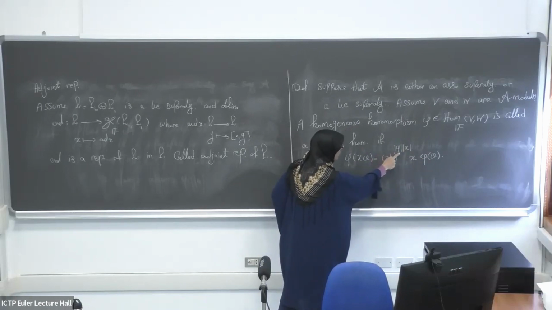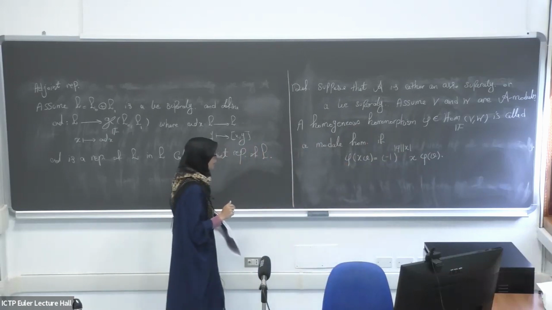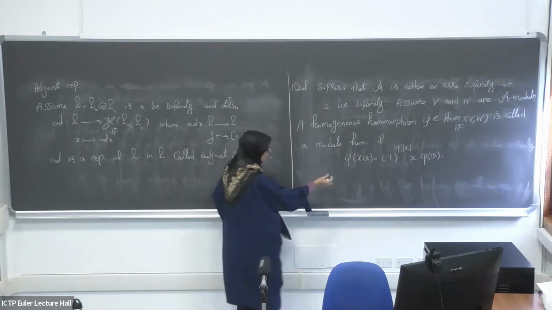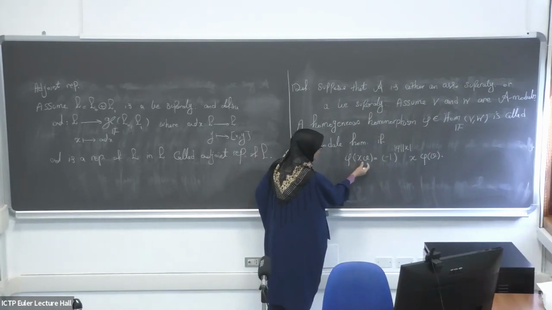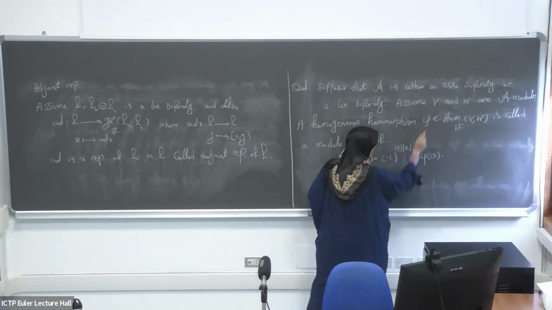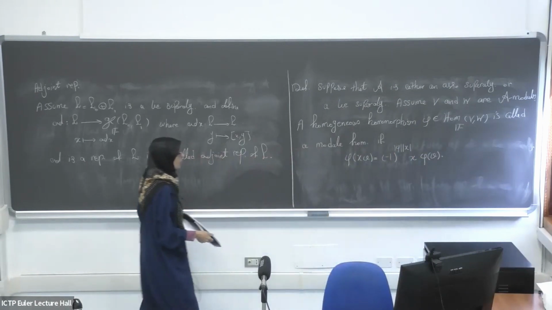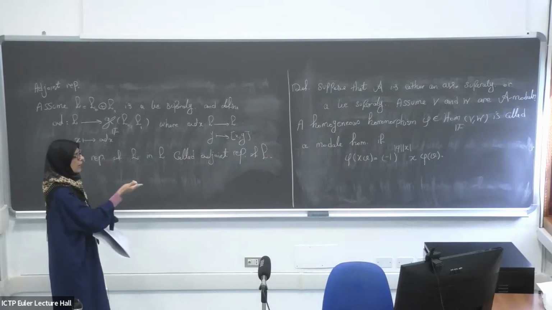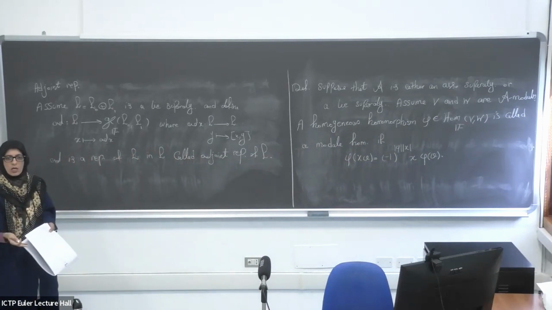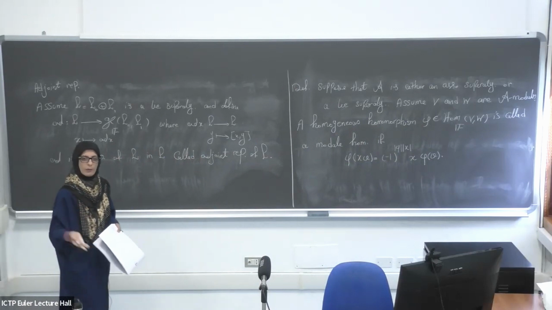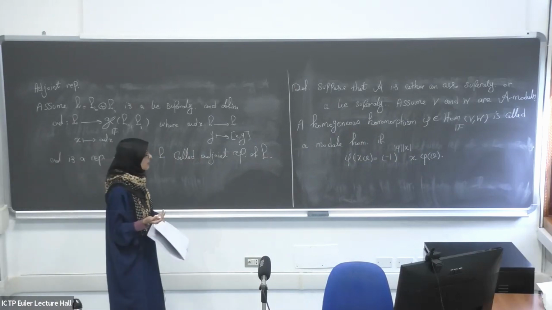Here we have deg phi, and phi is homogeneous, so deg phi has meaning, and x is an element of the algebra and v is an element of V. Also, the product here is a module product in V, and this product is the module product in W. Whenever we define a homomorphism, we can talk about epimorphism, monomorphism, and so on.